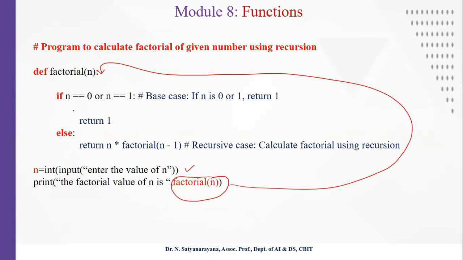My base case is if n is equal to 0, meaning 0 factorial or 1 factorial, we know it is 1, so I stop my recursive approach and return 1. Or else I repeat my recursion, but instead of calculating n factorial, I calculate (n minus 1) factorial. That way we are moving closer to the solution of the given problem.